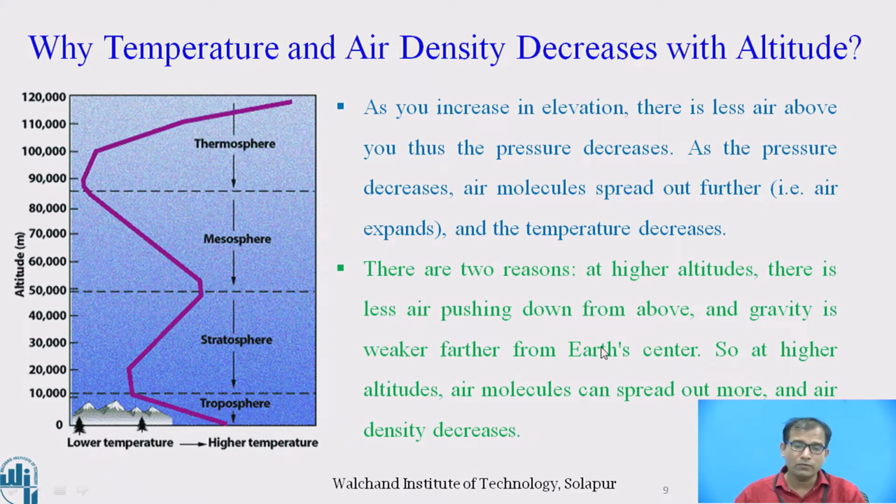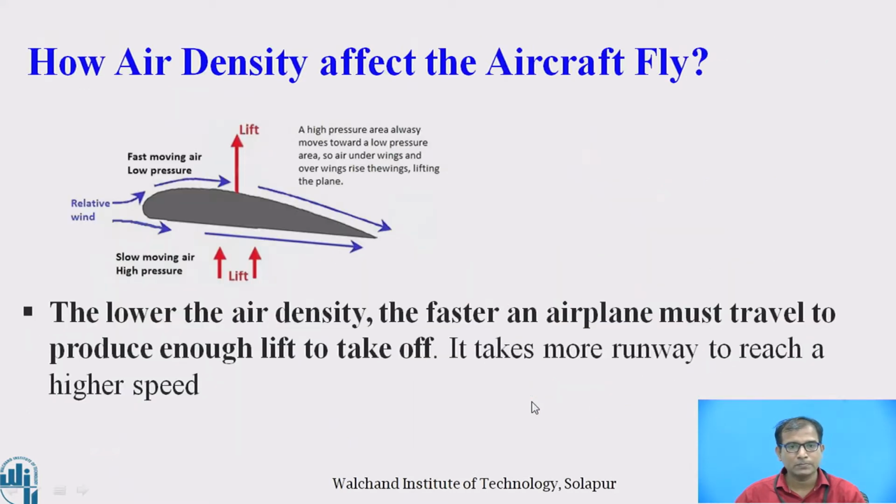As you go away from the earth, gravity will be lesser. At higher altitude, air molecules spread out more and air density decreases, because if you take a mass of those molecules, it will be much lesser as they are not together. They are spread or expanded in the atmosphere. That is the reason the density and the pressure will be much lesser.